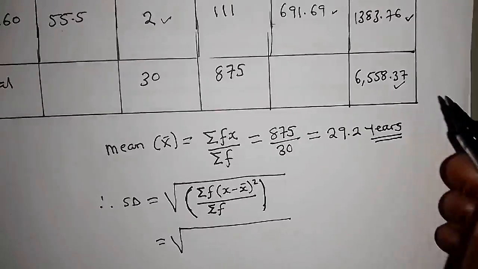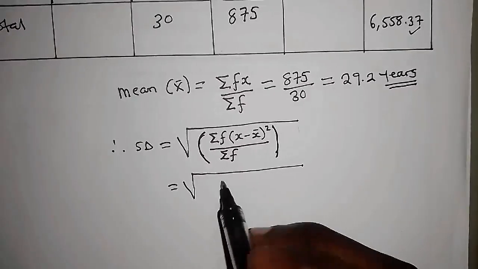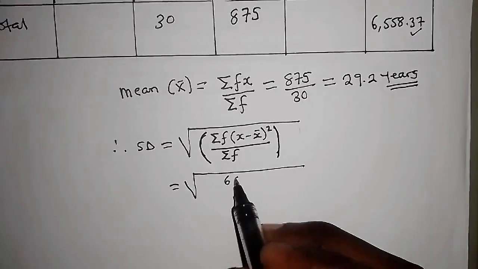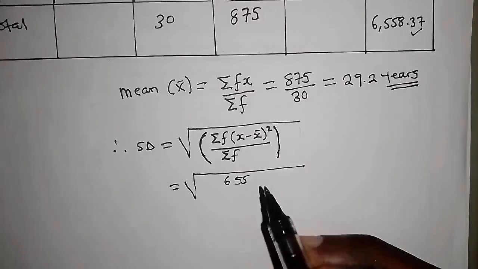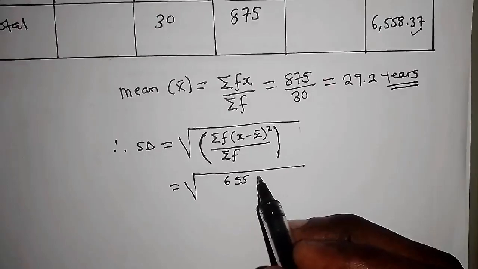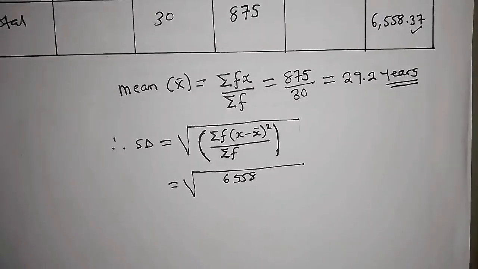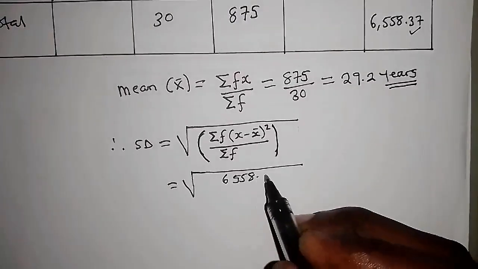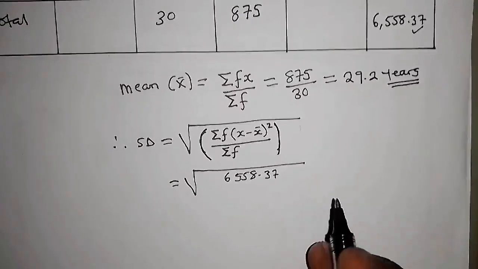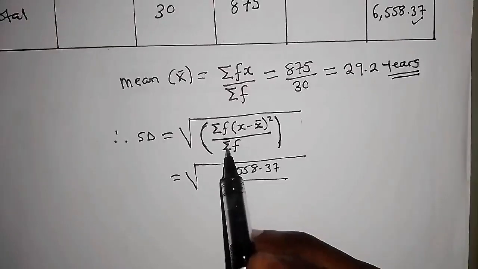So you put that number, which is 6,558.37, divided by the summation of f, meaning the sum of the frequency.